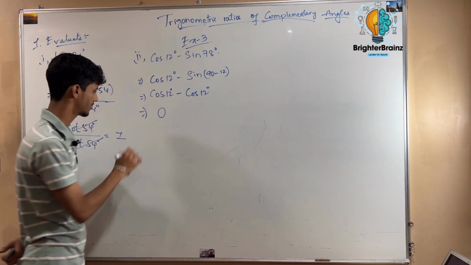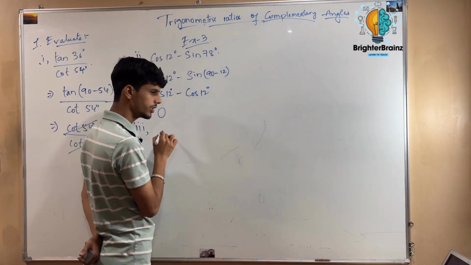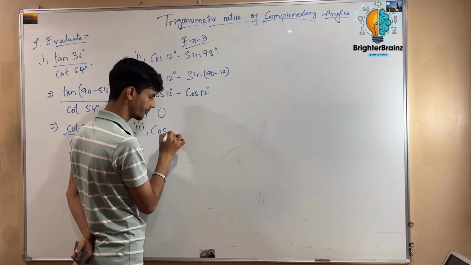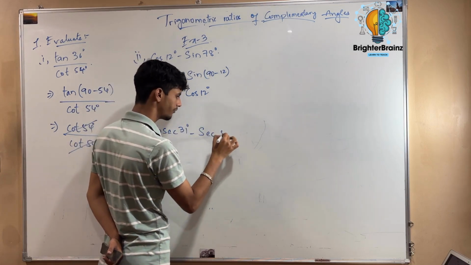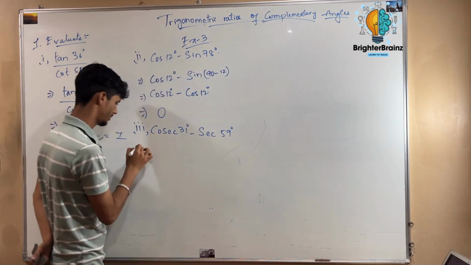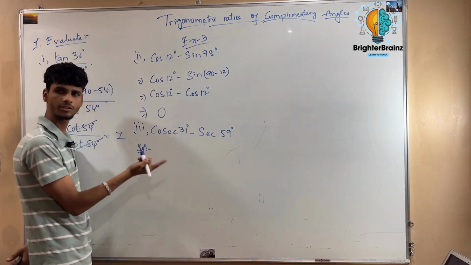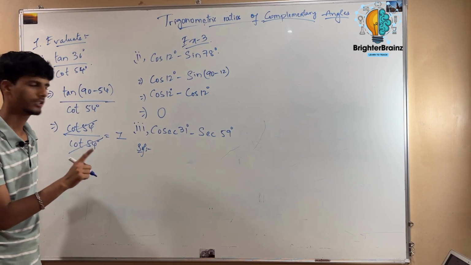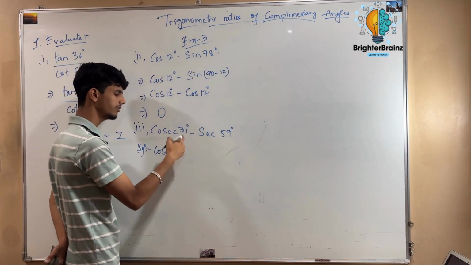Next, third Roman: cosecant 31 degrees minus secant 59 degrees. Now let us change the first one or the second one. Which one? Cosecant 31. So cosecant of, how can we write this 31?